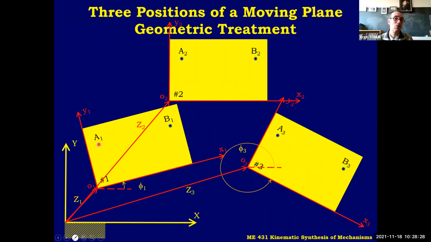However, you don't need to select A. You may select C or D or whatever, okay? So any selected 3 homologous points define a circle uniquely whose center is unique as well. Clear? So straightforward.